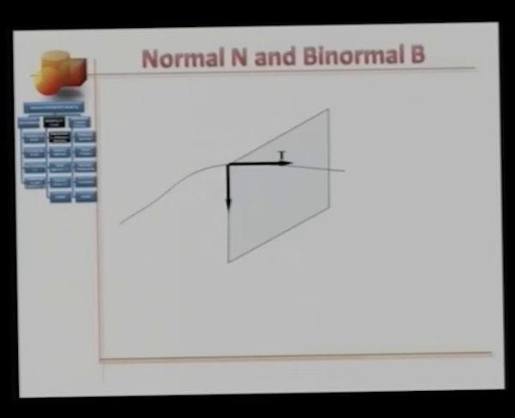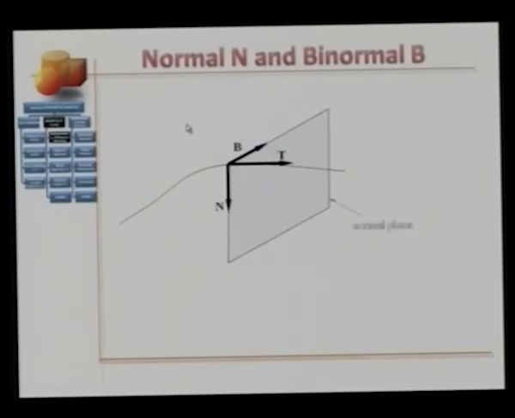This plane will be spanned by two vectors, both of which will be orthogonal to each other and also orthogonal to the unit tangent t. This is the first one, represented by n, and this is the second one, represented by b. n is called the normal and b is called the binormal.